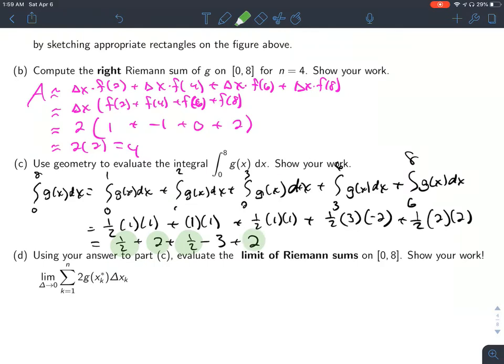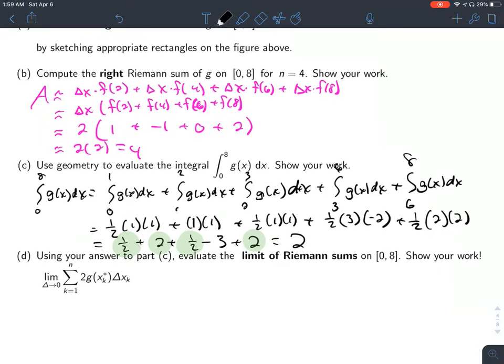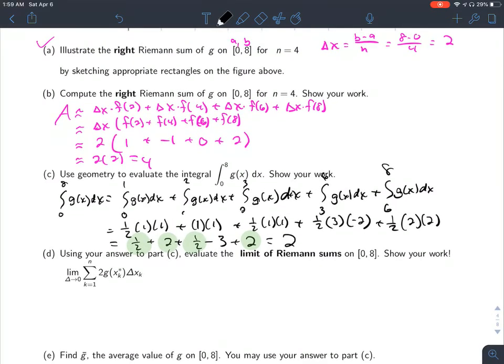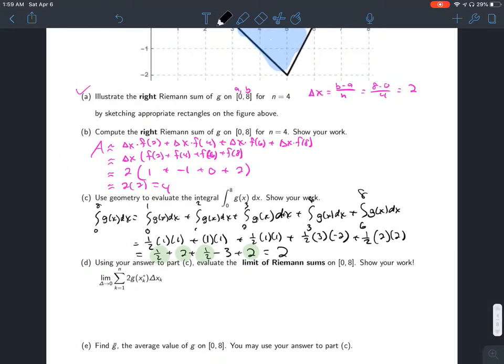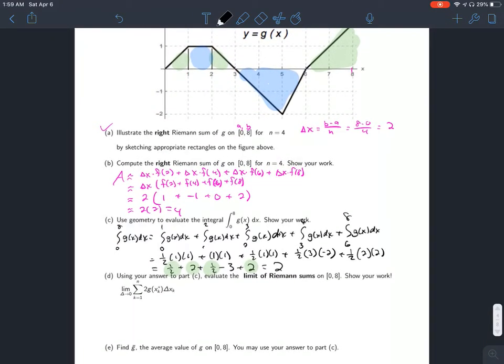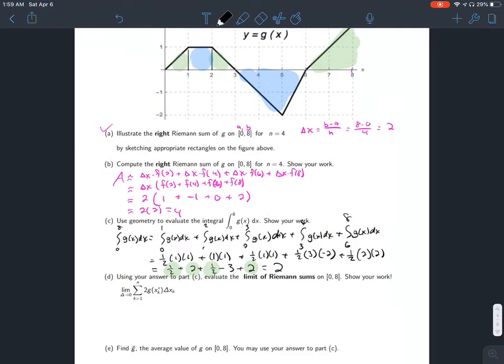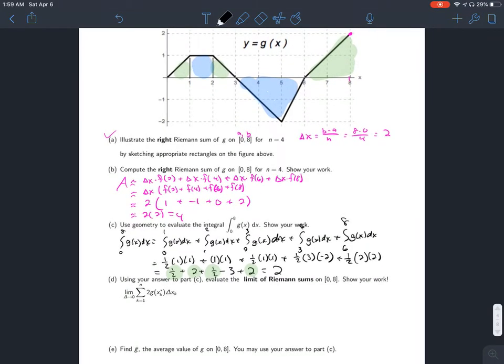That cancels out with the 3 that we see as the -3, plus 2. That makes this total equal to 2. Yep, there you go.